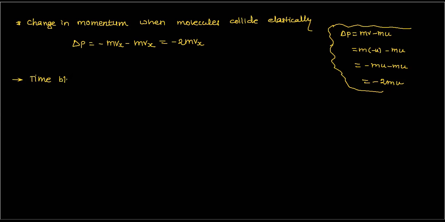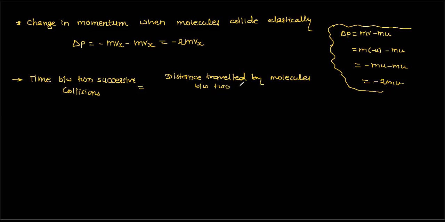The time between two successive collisions is equal to the distance traveled by the molecule between two successive collisions, divided by the velocity of the molecule.